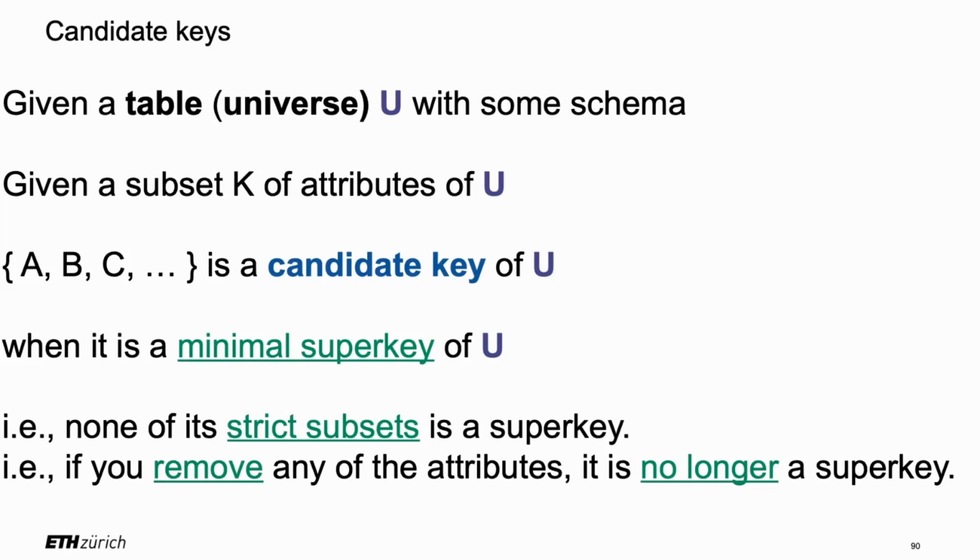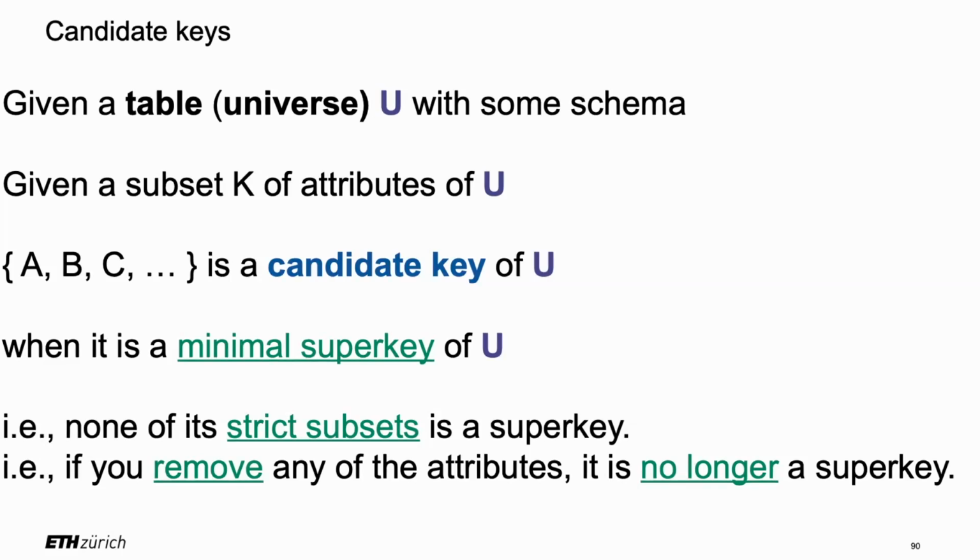So if ABC is a candidate key, if you remove A, for example, and you just have BC, then BC cannot be a super key anymore, right? If you remove A and BC is still a super key, then it's not minimal because you can remove A. So that's what it means. It means that it's a candidate key if none of its strict subsets is a super key. If you remove anything, it's no longer a super key. For whom is that clear?